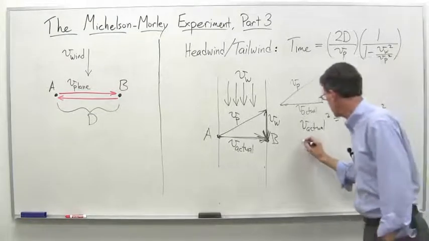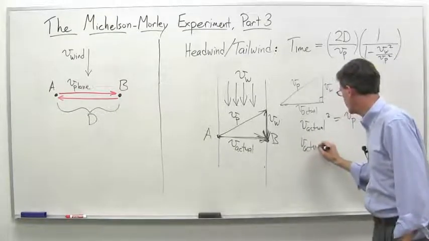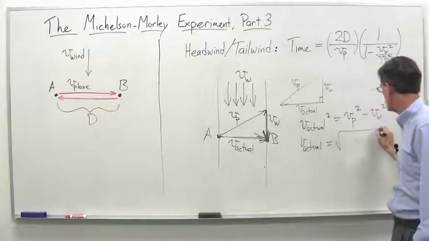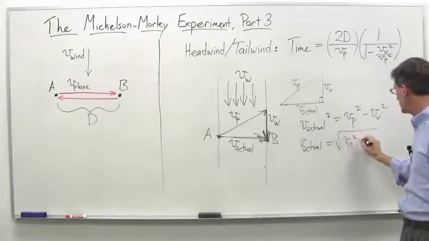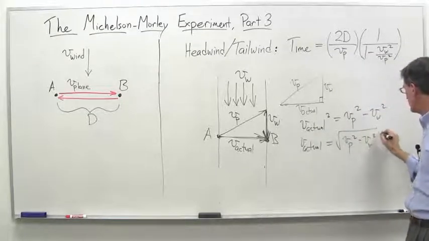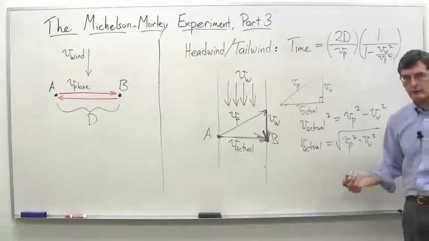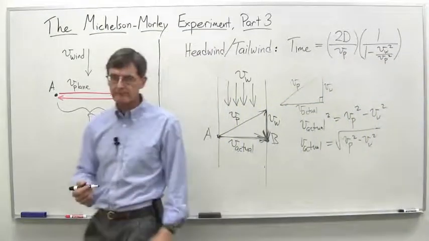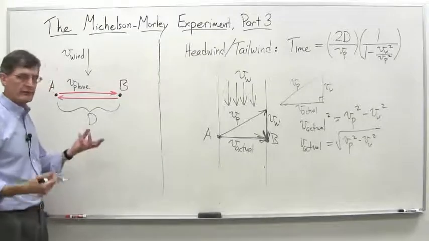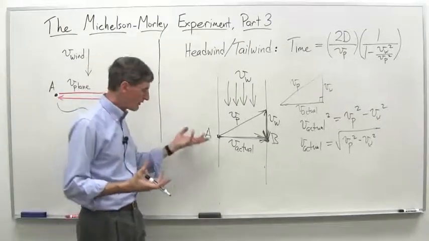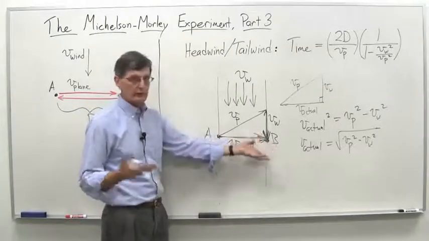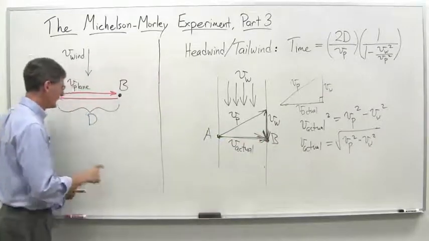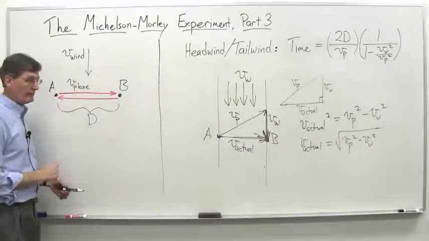Or more precisely, if I just want V actual, V actual equals the square root of Vp squared minus Vw squared, assuming that we're dealing with positive quantities here for the velocity, of course. Okay, so that gives me the net velocity of the plane from A to B, or the swimmer from A to B, if you want to think about a swimmer. And so, therefore, I can do the time now.